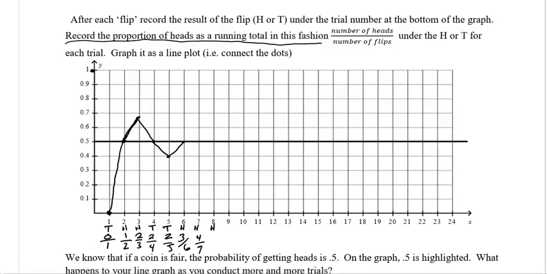So 4 out of 7 is a little bit better than half, 0.571, so I'm going to go up to about here. And then 5 out of 8 is 0.625, so that's going to go to about there. Now I'm going to pause and complete the rest of this and have the graph, and we can talk about what the graph looks like.